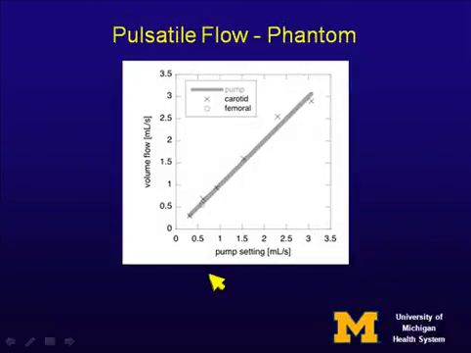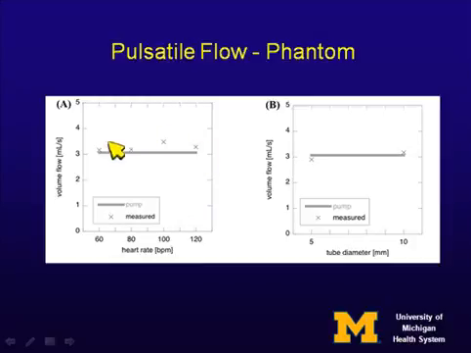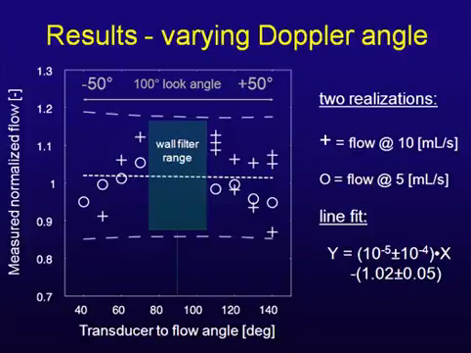Okay, so here's a pulsatile phantom. And you can see there's the femoral, and there's a carotid, and you can see they estimate the true values very closely. And you can do different heart rates, and you can use different tube sizes. And remember, it's angle independent.